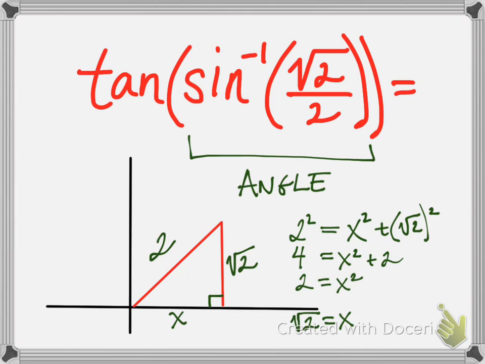So tangent of that angle is going to be opposite over hypotenuse, or my u-coordinate or my v-coordinate. Either way, it's going to give me root 2 over 2. It's an isosceles triangle, and I'm going to get 45 degrees as my angle. So this whole thing has to equal 1. And it equals 1 because tangent of 45 degrees is root 2 over root 2, which is going to be 1.